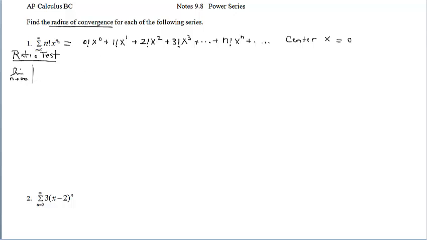Alright, and studying this term right here, every n gets replaced with n plus 1. Alright, and then we're going to divide that by the previous term, which is just n factorial x to the n.